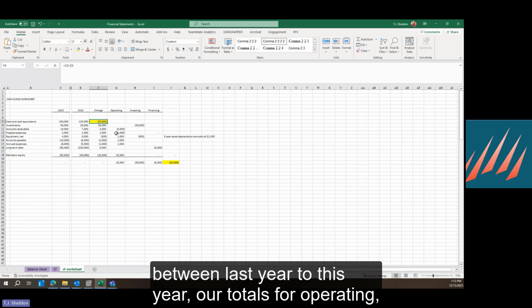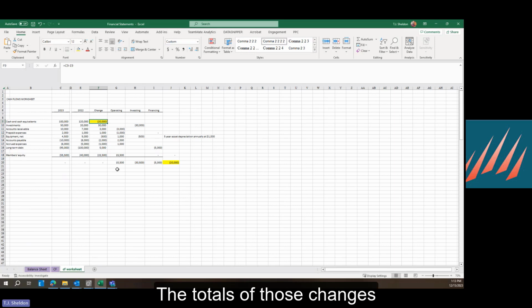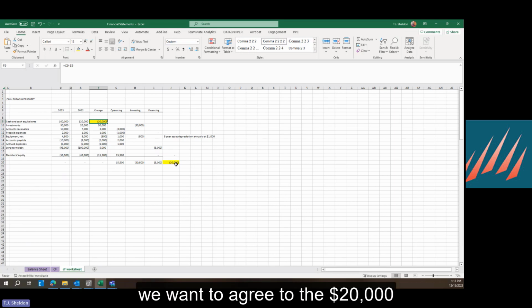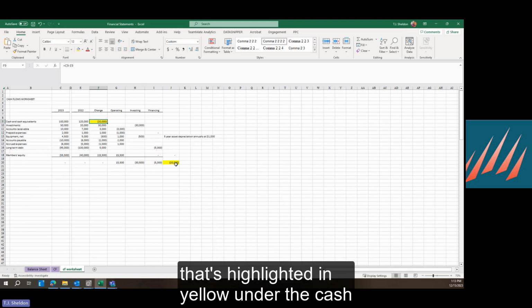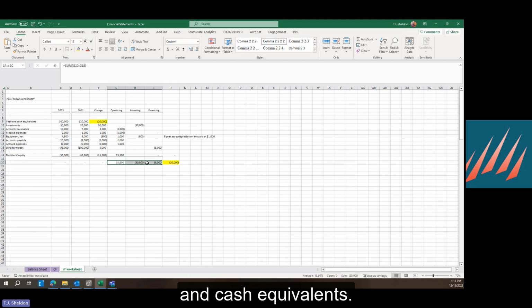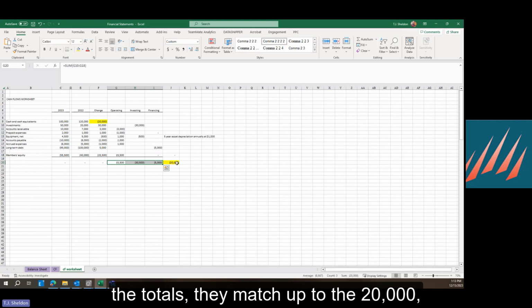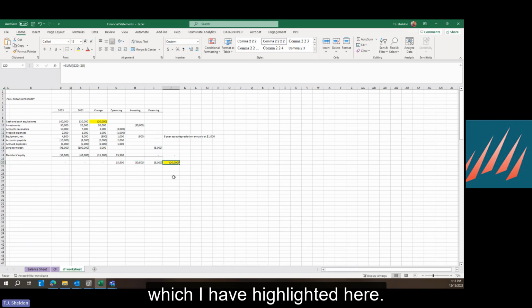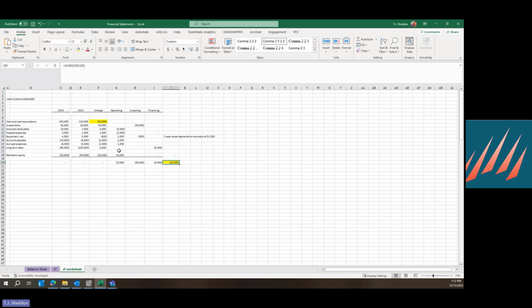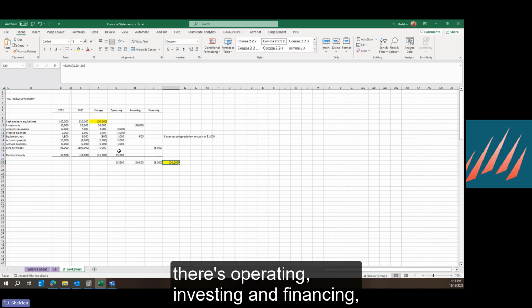Our totals for operating, investing, and financing, the totals of those changes, we want to agree to the $20,000 that's highlighted in yellow under the cash and cash equivalents. And you can see when I highlight these three columns, the totals, they match up to the 20,000, which I have highlighted here.